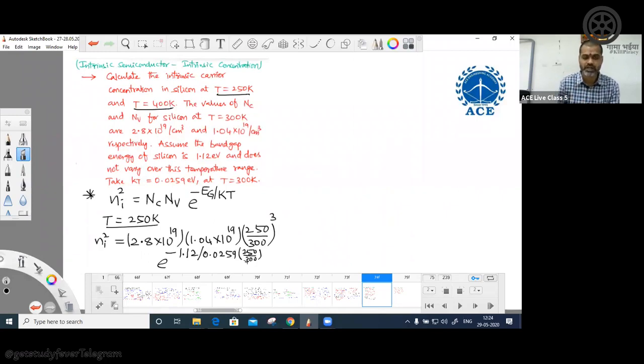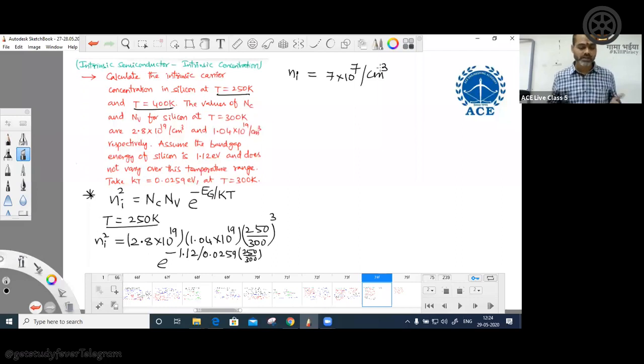I am putting it in one equation. We find this, and you will get Ni value equal to 7 into 10 power 7 per centimeter cube, at 250 Kelvin that I am calculating.